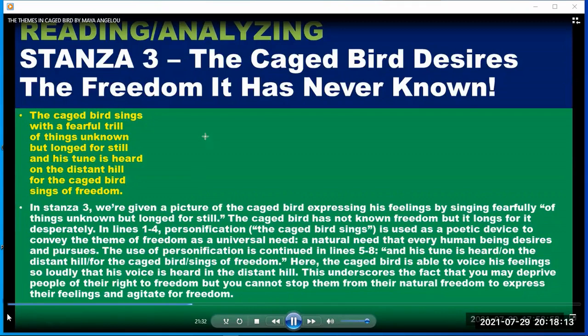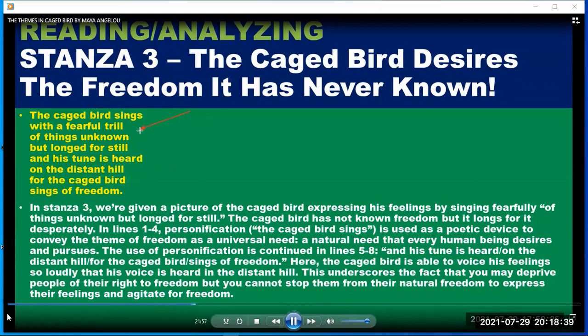All right? How do we know that? By reading stanza 3. Let's look at it together. "The caged bird sings with a fearful thrill of things unknown, but longed for still, and his tune is heard on the distant hill, for the caged bird sings of freedom."